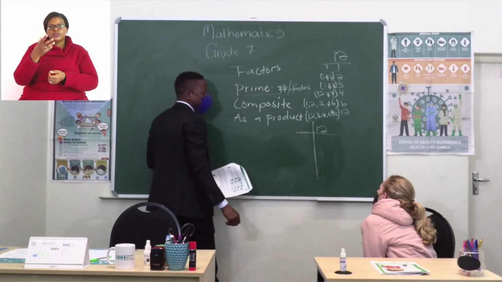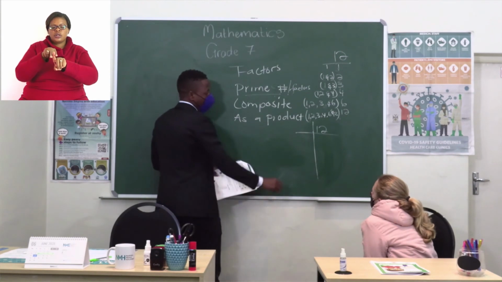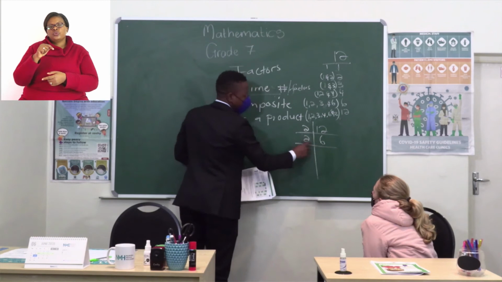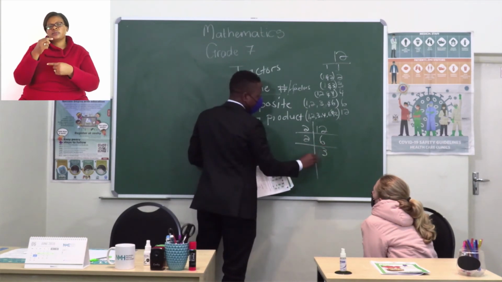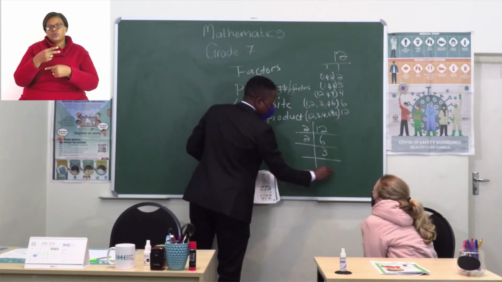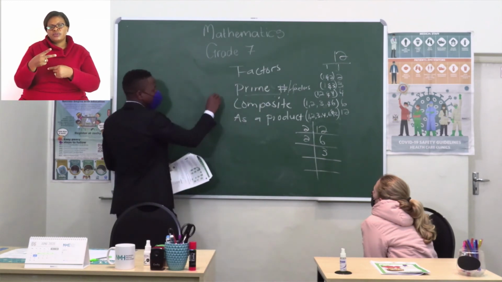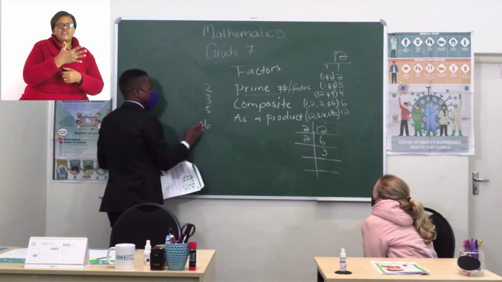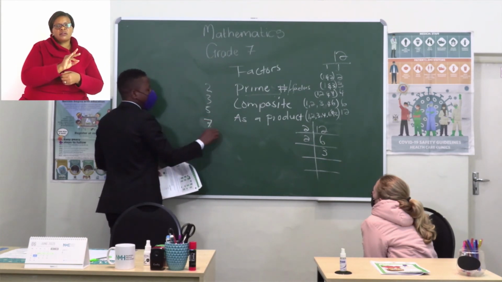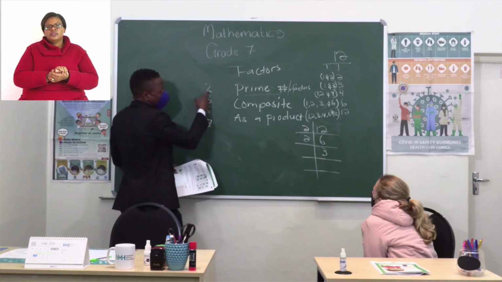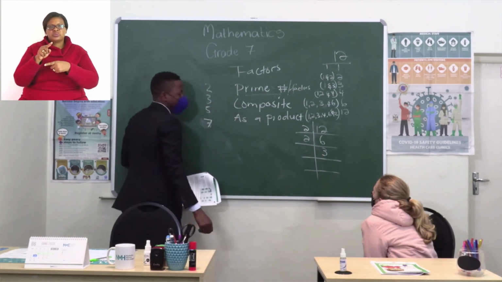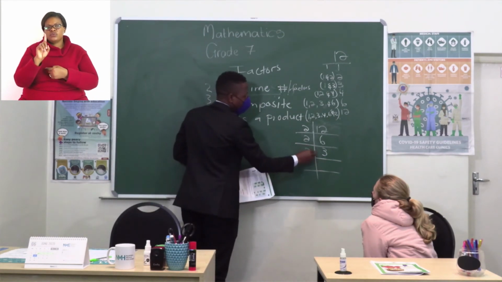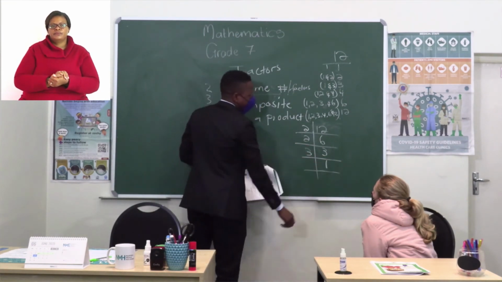Remember, our lowest prime number is 2, so we can halve it with 2, we get a 6. 6, we can halve it with 2, you get a 3. 2 cannot go into 3. 3, of course, can go into 3, so 3 goes into 3 one time.